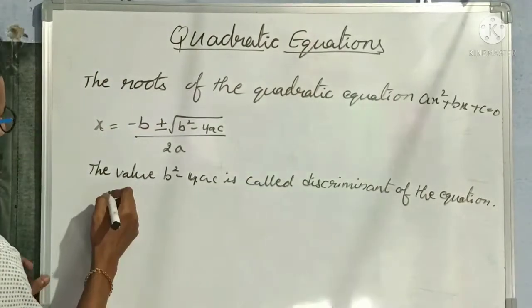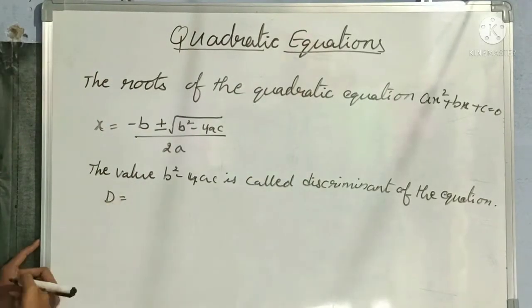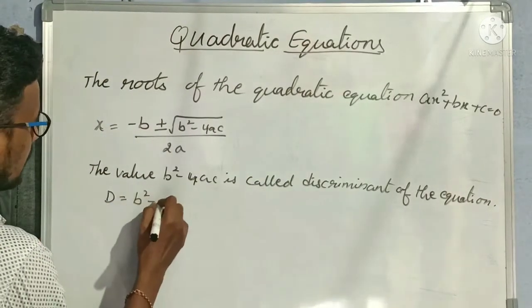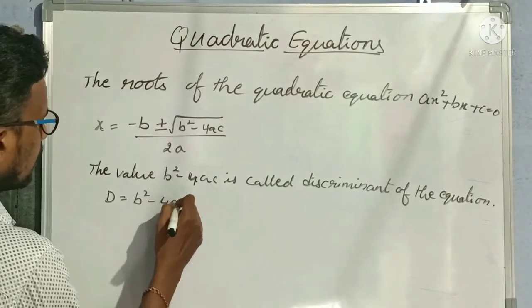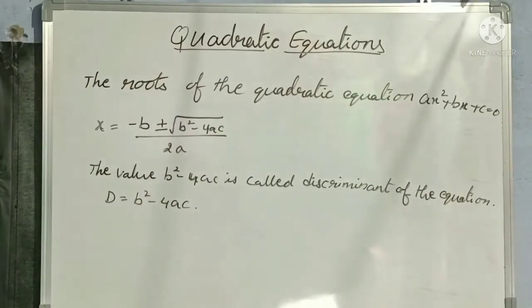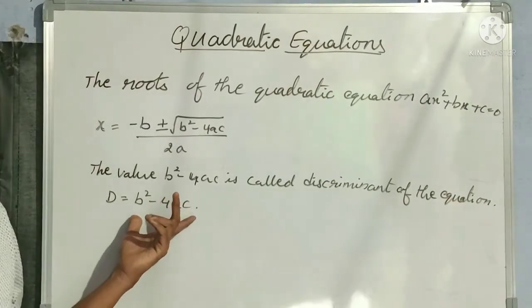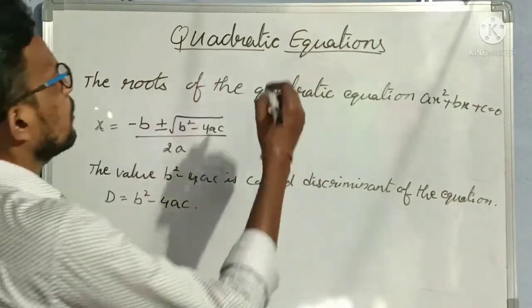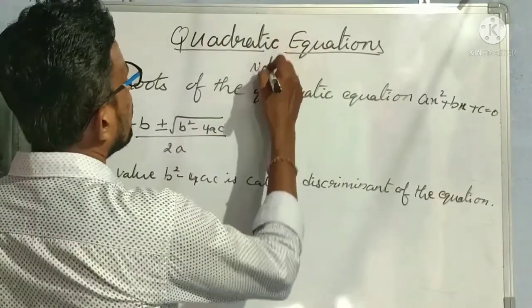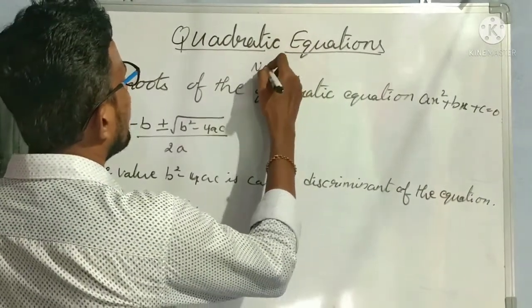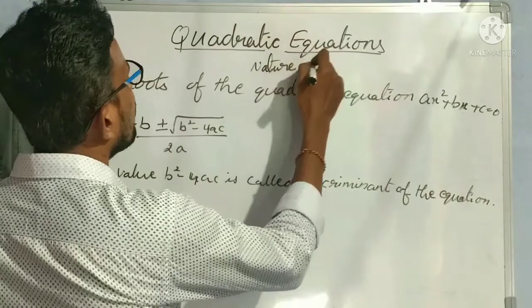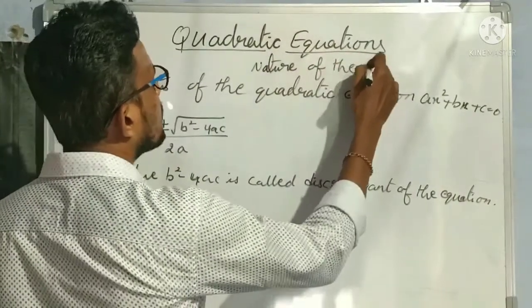So generally we write that as capital D is equal to b square minus 4ac. Okay, so depending on the value of the discriminant we can find the nature of the roots. So our today's concept is about finding the nature of the roots.